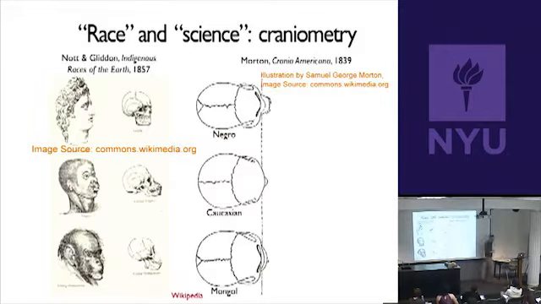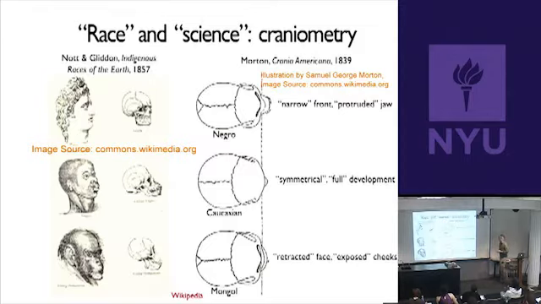Okay, and here's what he says about these skull differences. He says the African skull is narrow in front and has a protruded jaw, whereas the Caucasian skull is symmetrical and of full development. And the Asian skull has a retracted face and exposed cheeks.